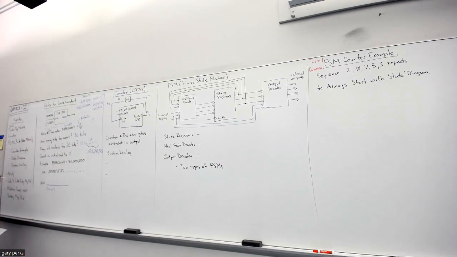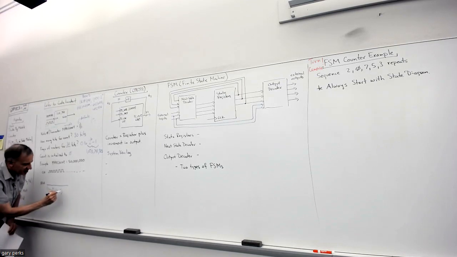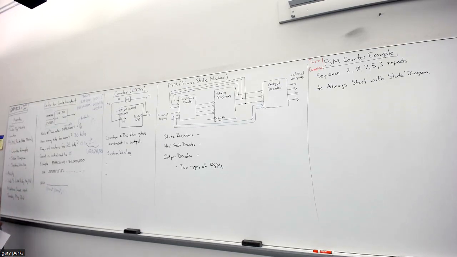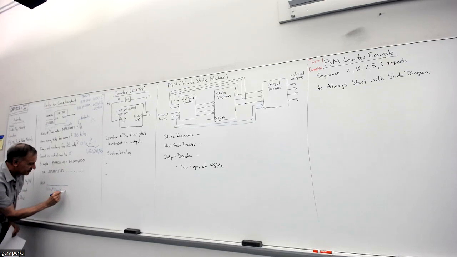Each clock pulse is 10 nanoseconds. So if you take 50 million times 10 nanoseconds, because each clock pulse is 10 nanoseconds, this comes out to 500 milliseconds.